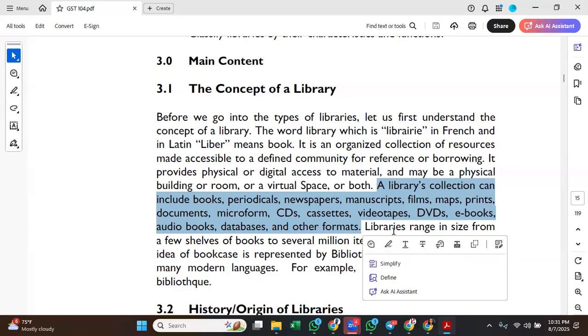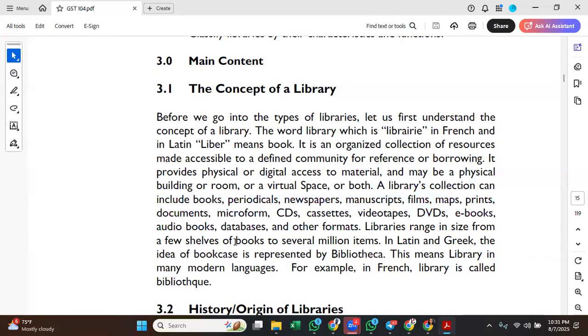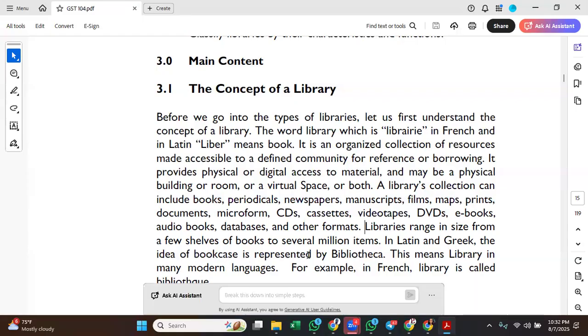Now, libraries range in size from a few shelves of books to several million items. In Latin and Greek, the idea of bookcase is represented by bibliotheca. This means library in many modern languages. For example, in French, library is called bibliothèque.